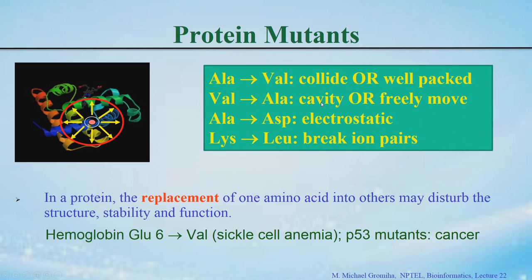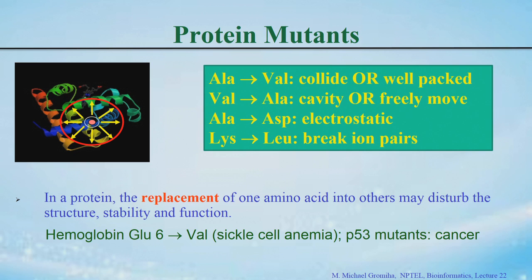Likewise, if we mutate valine to alanine, it can create a cavity, destabilizing the protein. If you mutate alanine to aspartic acid, it either makes electrostatic interactions or may destabilize. Likewise, lysine to leucine. So, if you mutate a specific residue in a protein, it may alter the structure or alter stability as well as alter the function.